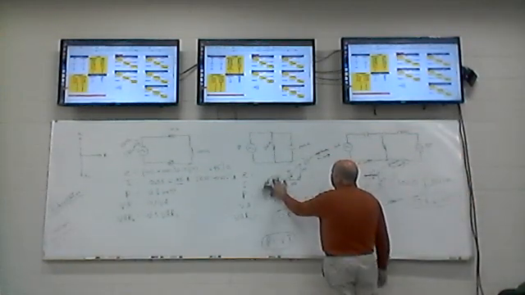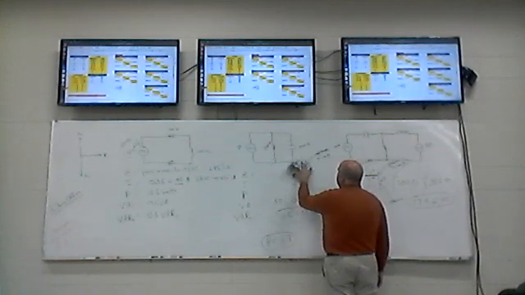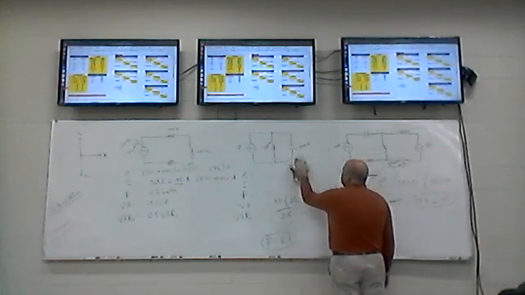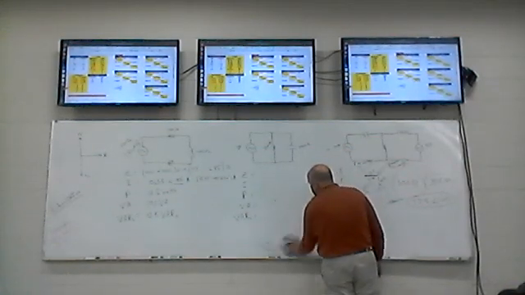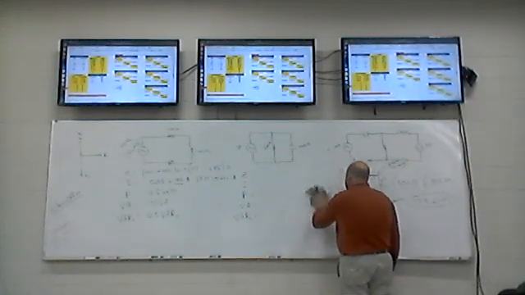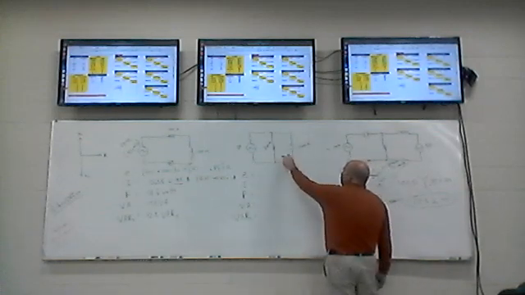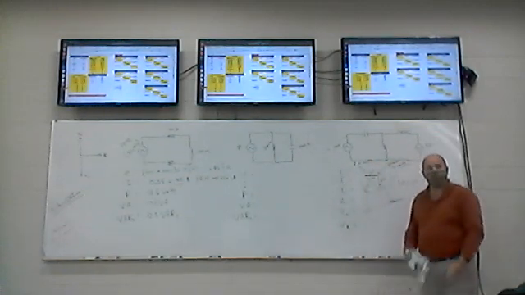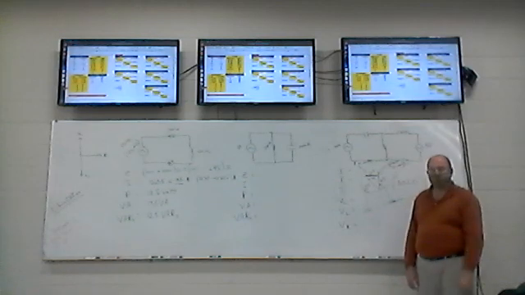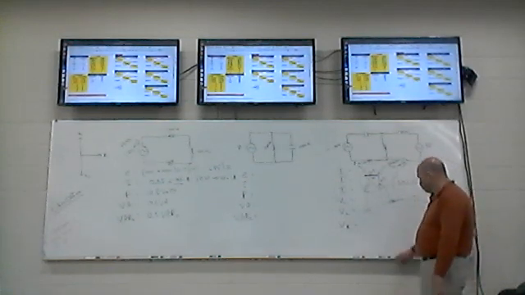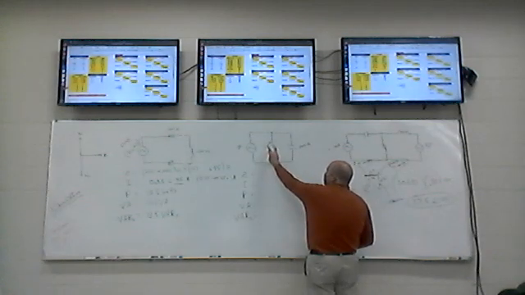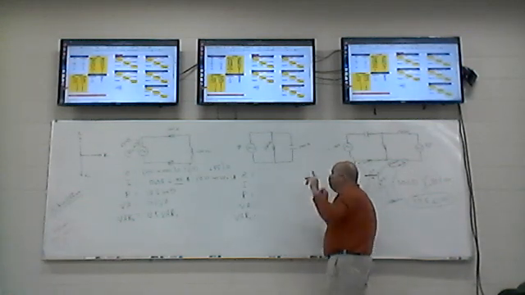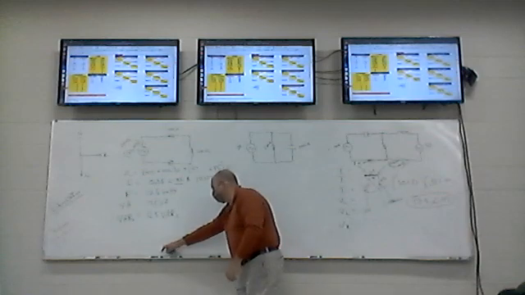I'm going to erase this, okay? All right, now I've got two things in parallel. What about that? R1, R2. This is R, so what is the rectangular form of a resistor?